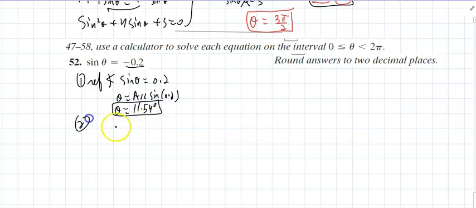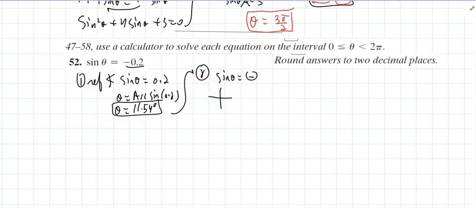2. Where is my sine of theta negative? That would happen to be in quadrant 3 and 4. So if this right here is 11.54 degrees, and this right here is 11.54 degrees, let me enlarge that just a bit.